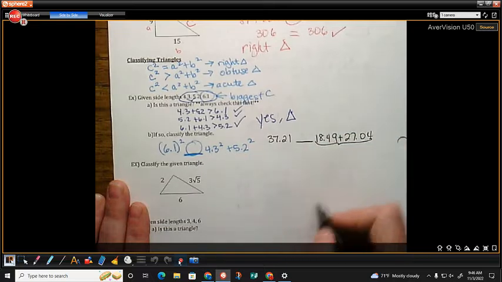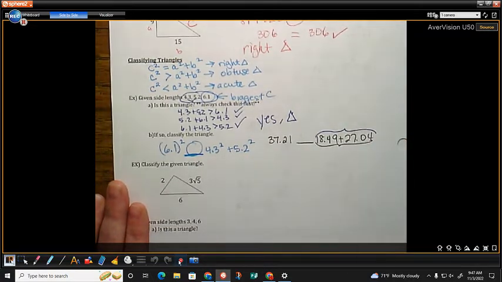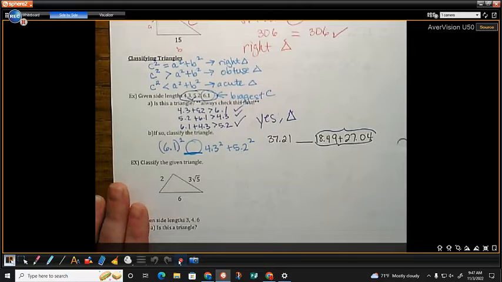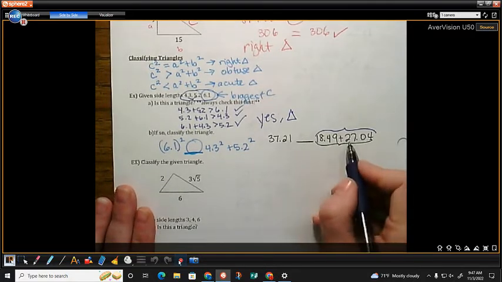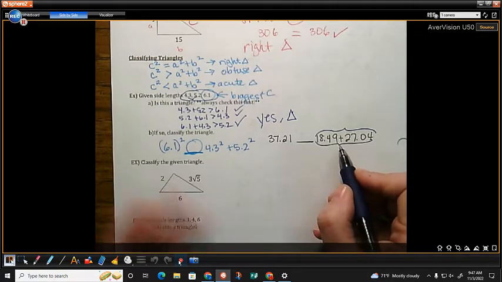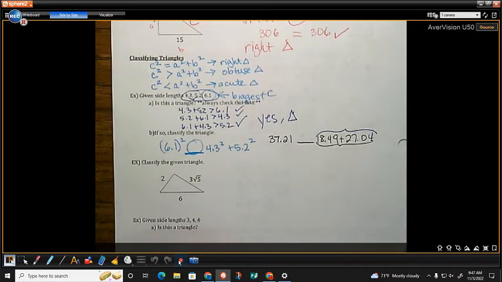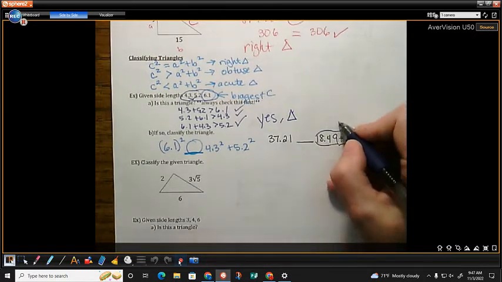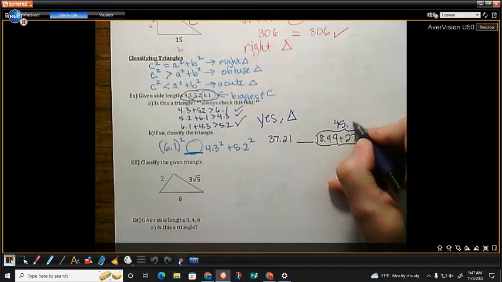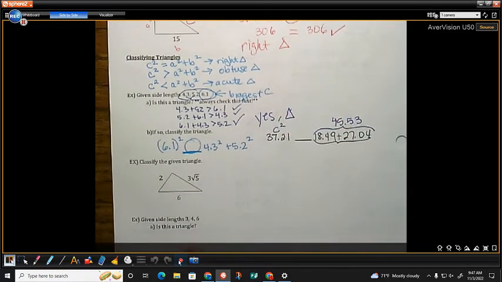What does it come out to be? 18.49 plus 27.04. What number is it? I don't know what number, you guys, I don't have a calculator. What number is 18.49 plus 27.04? 45.53. So this is my C squared.